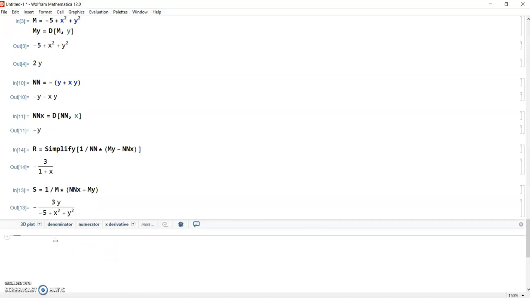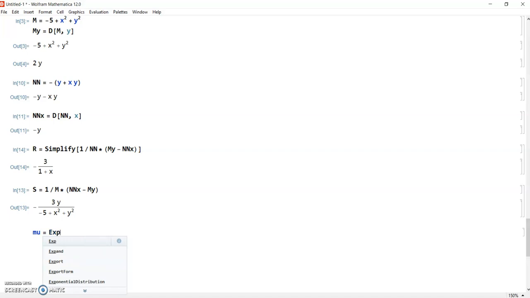Integrating factor we normally represent by mu, the Greek letter, so I can just put mu over here. And the integrating factor is the exponent of this R with respect to x.